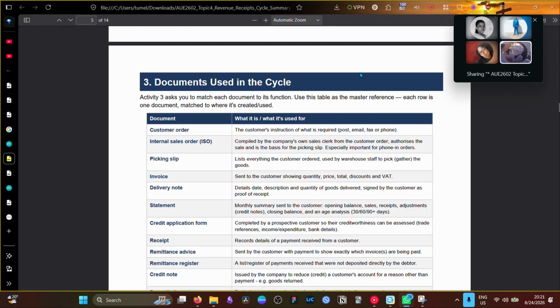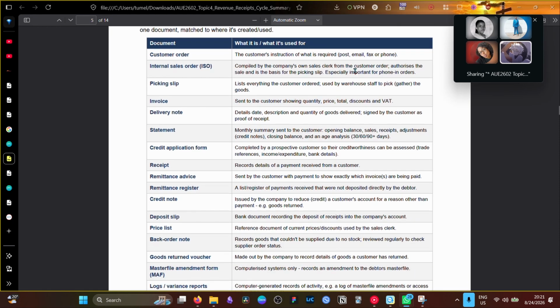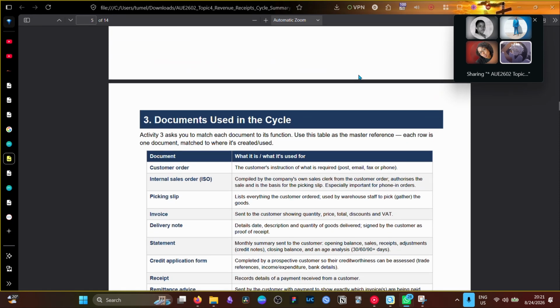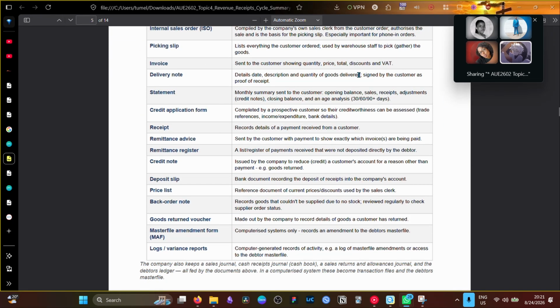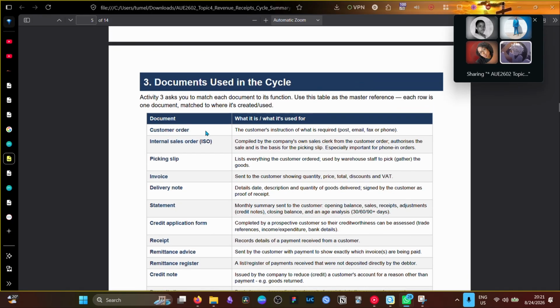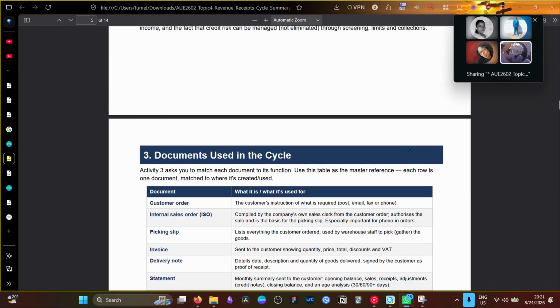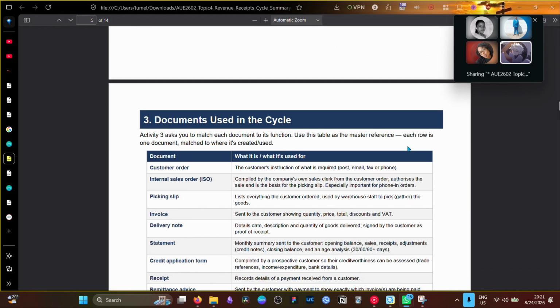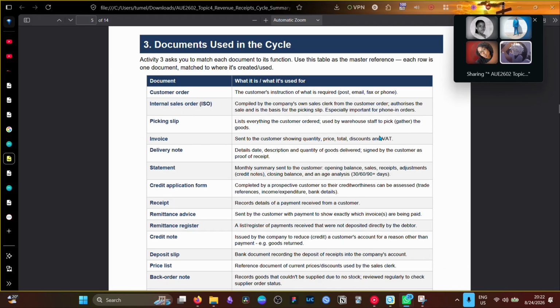This is telling us about the documents used in the cycle. It goes into more detail when it comes to things that are done in the cycle. We have the customer's order. What is it? This is the customer's instruction of what is required. Guys, I think we can make it like a little activity.